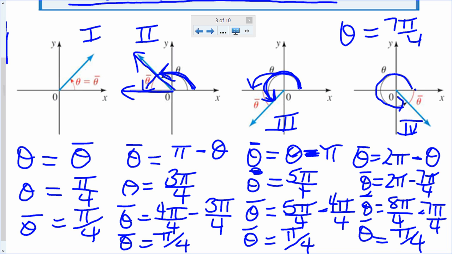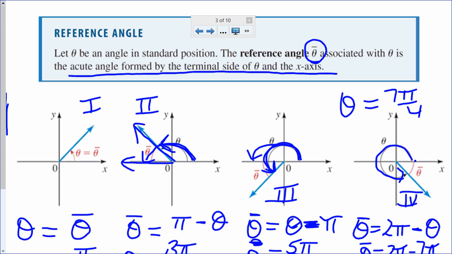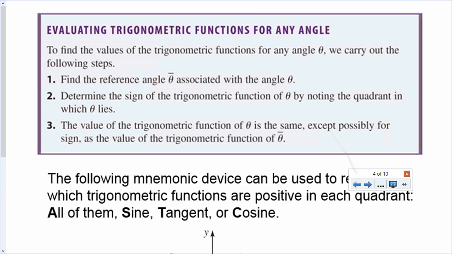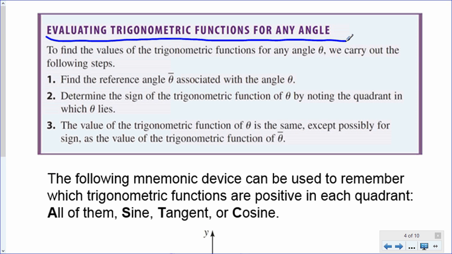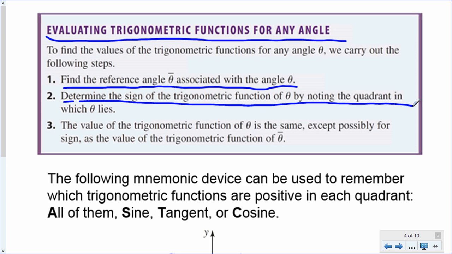Okay, so this is going to help us when we're using our unit circle, because this is how you use your unit circle to evaluate trig functions for any angle. Number 1, you find the reference angle associated with the angle. Determine the sign of the trig function of theta by noting the quadrant in which theta lies.